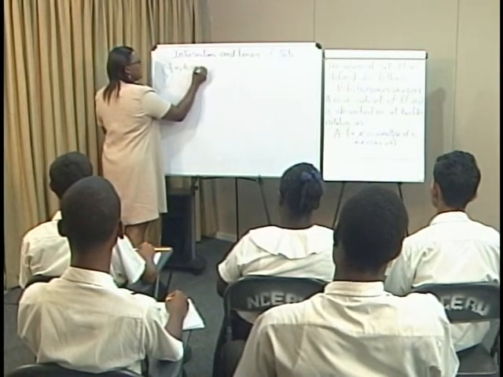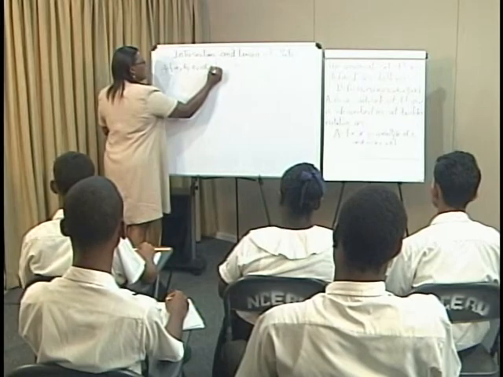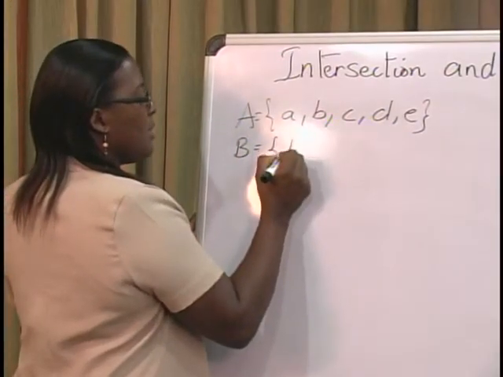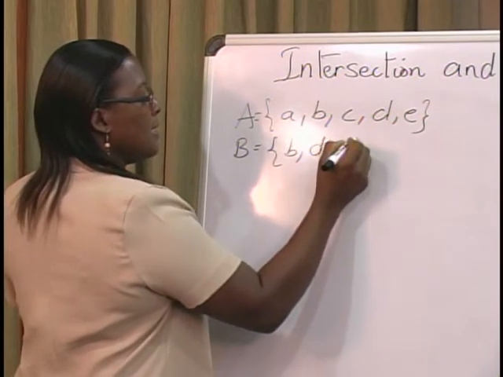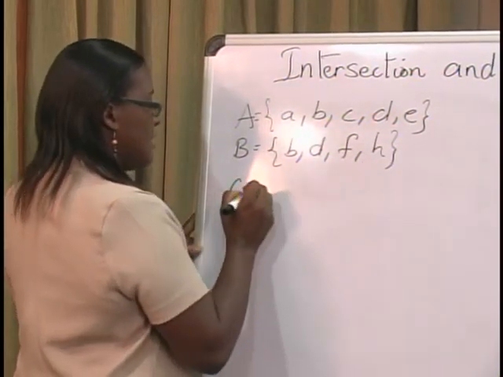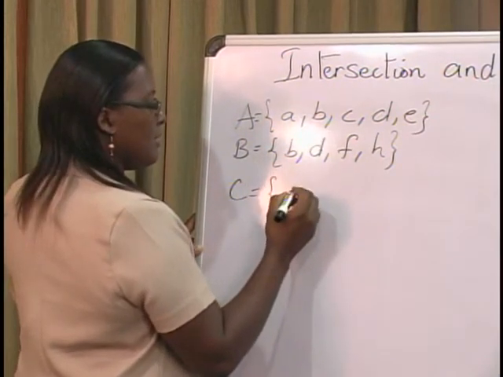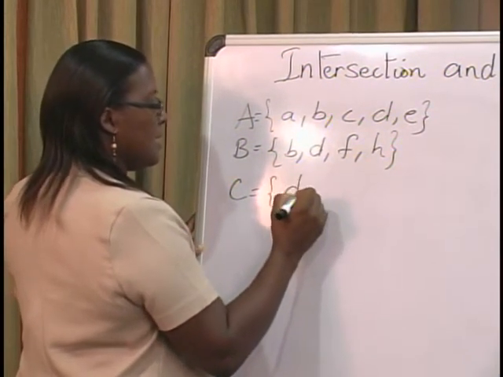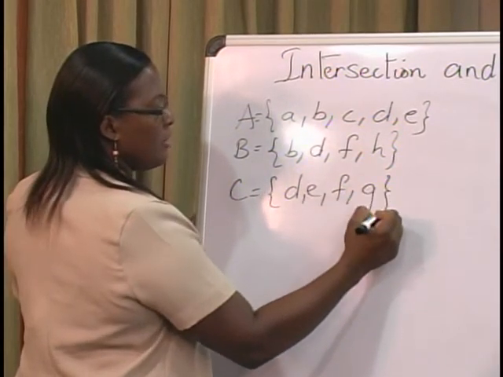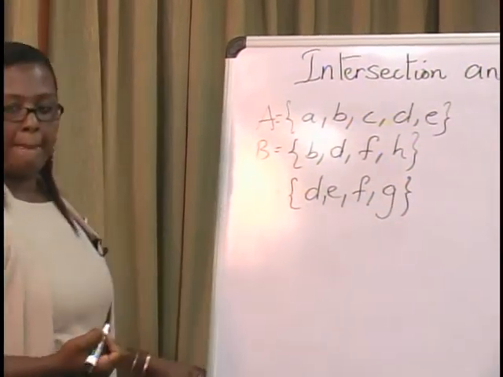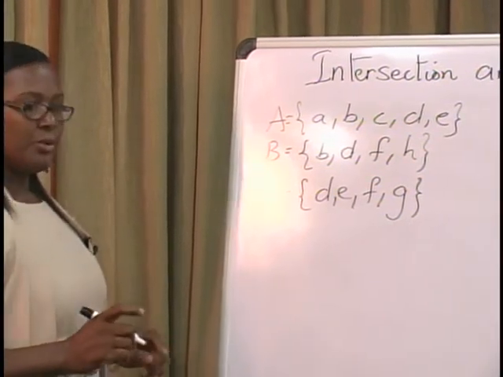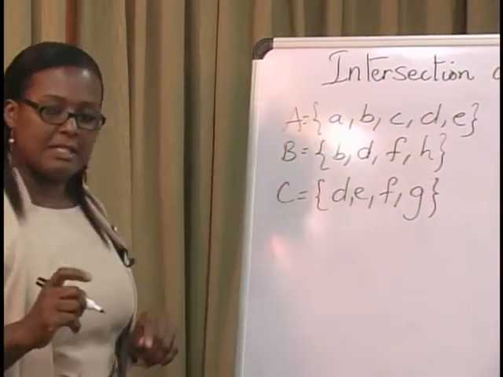Now let us say we have 3 sets. A has A, B, C, D, and E. B has B, D, F, and H. And C has D, E, F, and G. Now I want you to go ahead and list the elements of these sets.